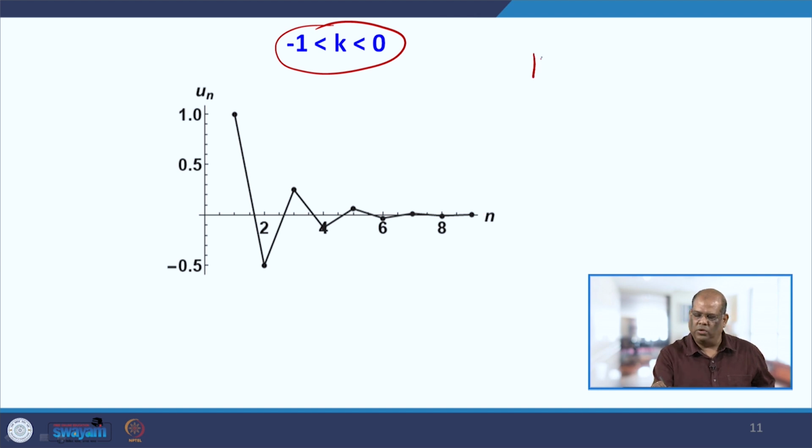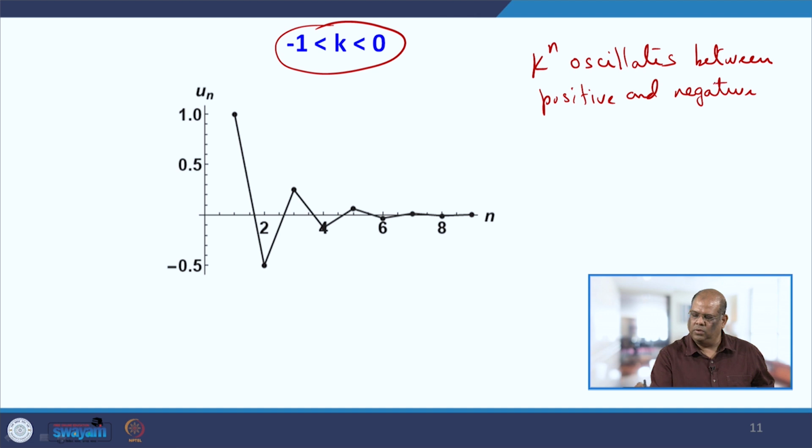So, your conclusion is k to the power n oscillates between positive and negative values with diminishing magnitude.